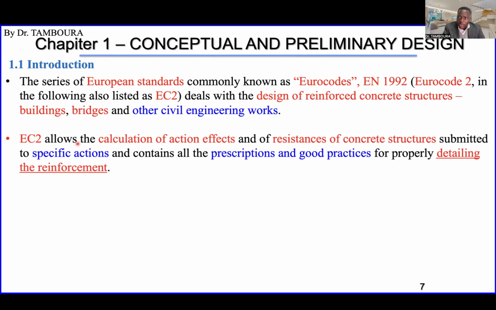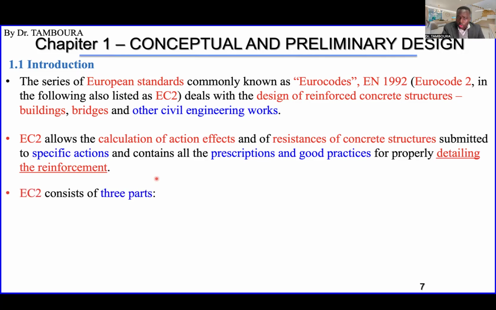So as I said, the objective of designing concrete structure is mainly detailing the reinforcement. You have to decide the number and the diameter of the steel bars, and the layout disposition inside. This is the final goal of designing concrete structure.